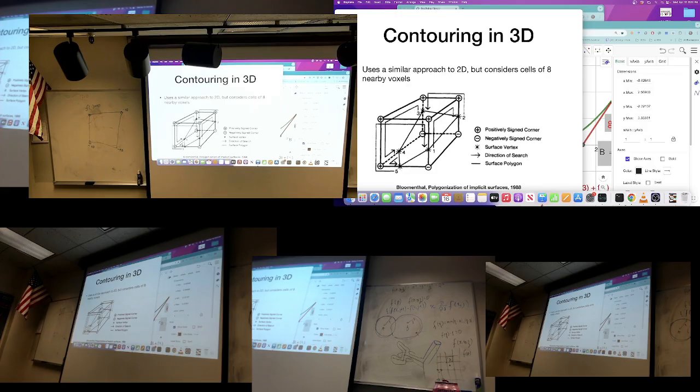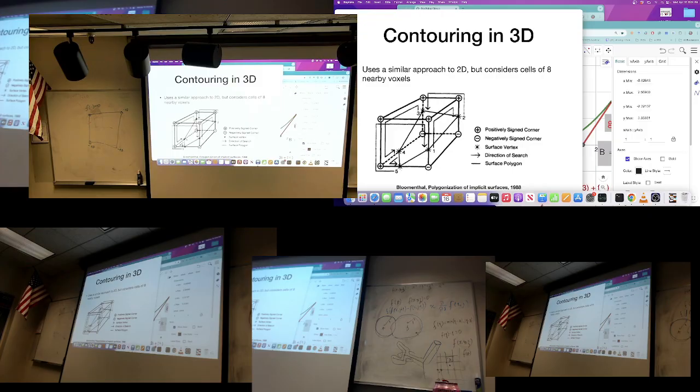What are we doing in 3D? Well, now it starts to be a really tedious case analysis, because in 3D we still pick for every edge. A voxel has the voxel itself, a region in 3D. It has 6 faces, and it has 12 edges.